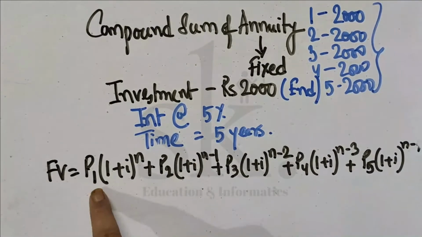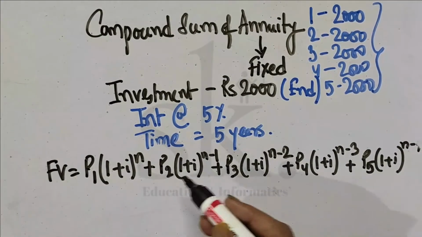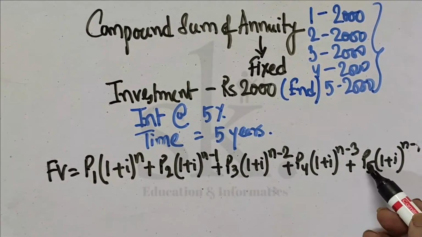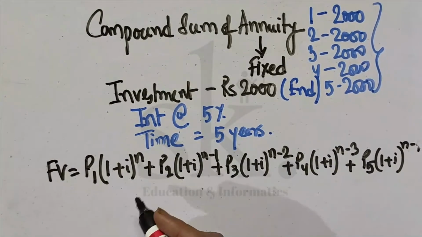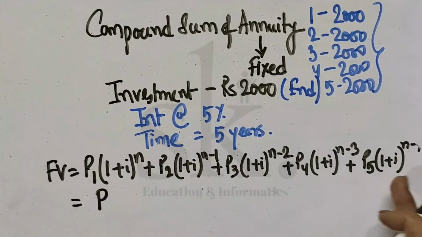If my P1, P2, P3, P4 and P5 are rupees 2000, I can write P1 equals P2 equals P3 equals P4 equals P5, and consider it only as P. So what I do is take P common, as the principal is the same.